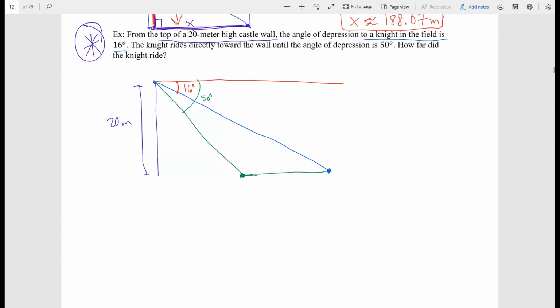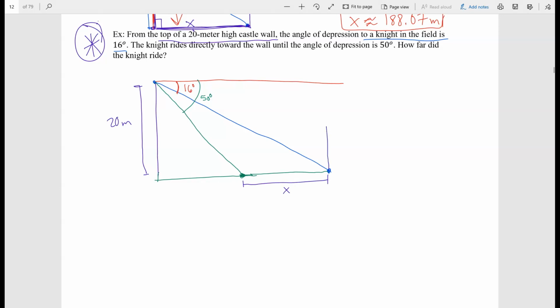What we want to figure out is how far the knight rode. In other words, how far is this? We're going to call it x. I want to know what that is.